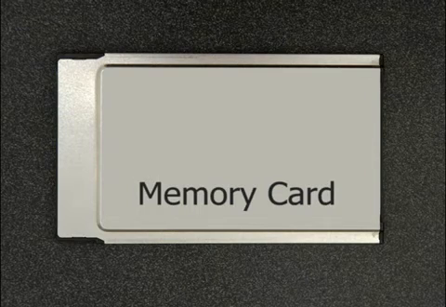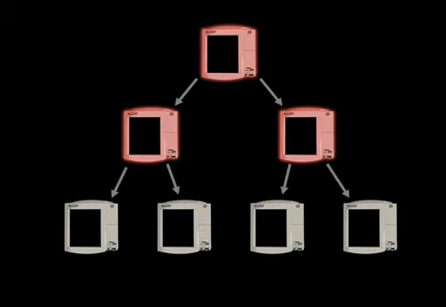Memory cards act as carriers for the virus. When a memory card is inserted into an infected machine, the machine copies the virus onto that memory card. If the memory card is removed and later put into another machine, the virus spreads from the memory card to the new machine. In this way, the virus can spread from one infected machine to an entire population of machines.